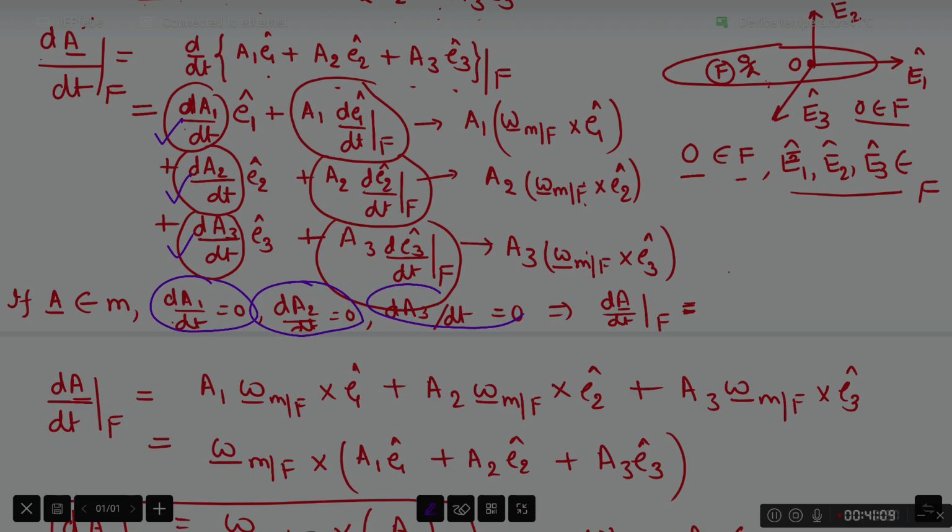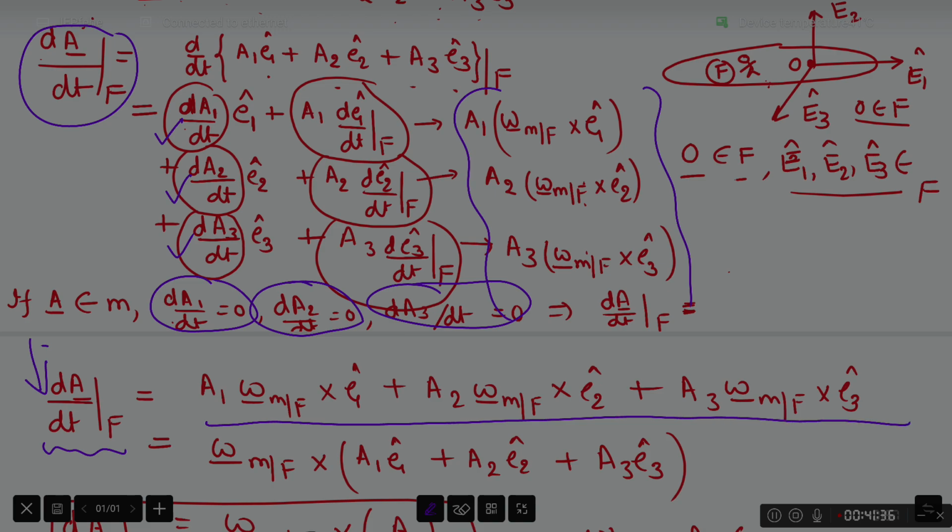Why? Because A is a vector fixed in M. So these time derivatives of the scalars must be zero. So this equation leads us here: the rate of change of vector A with respect to F must only be the sum of these three terms here, which I have written here.